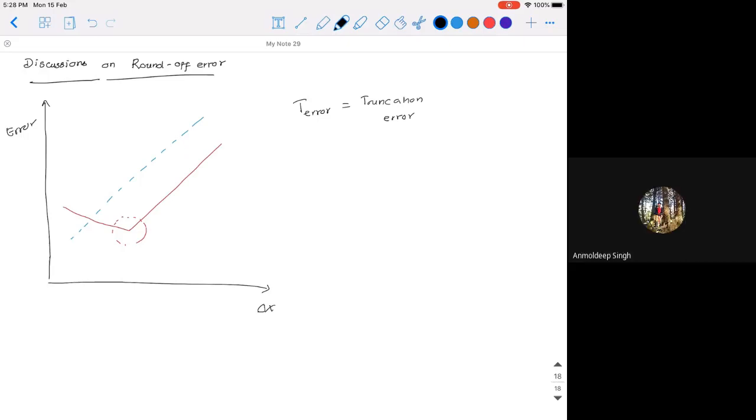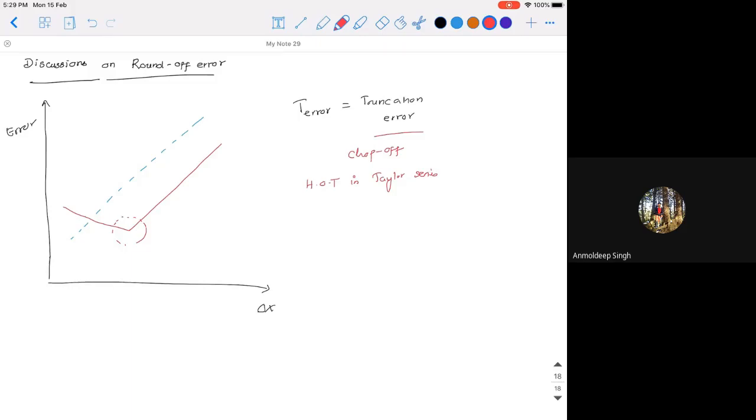Truncation error is coming because we chop off higher order terms in Taylor series, right? That is truncation error.